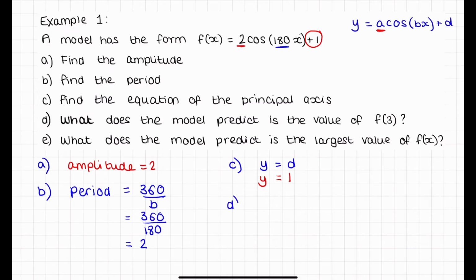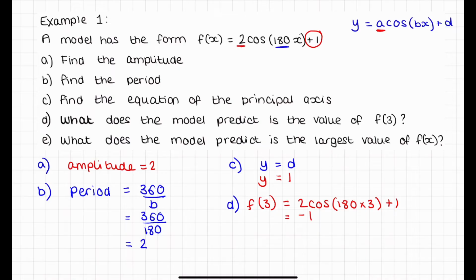Part D, what does the model predict the value of f3? We sub 3 in for x, so we'll have 2 cos 180 times by 3 plus 1. You literally just put that into your calculator and you'll find that equals negative 1.